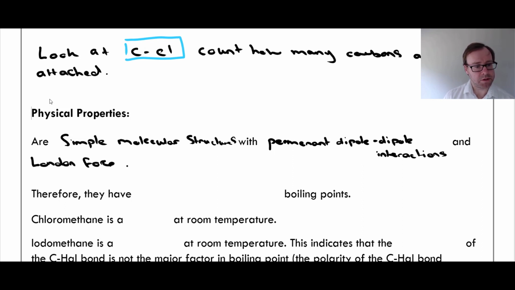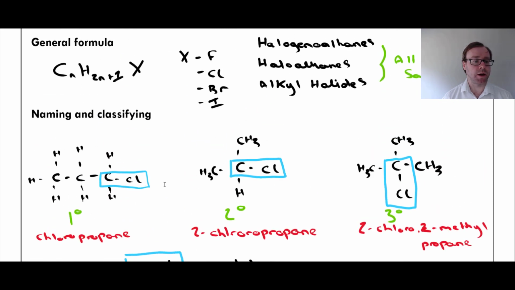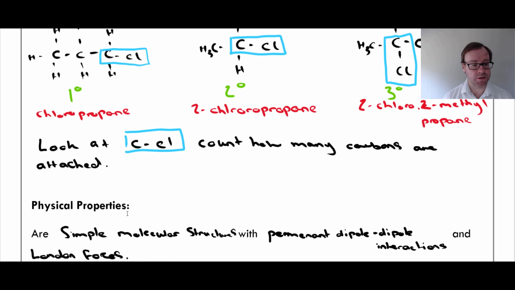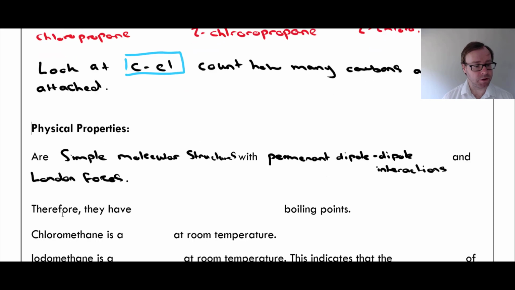Because they're simple molecular structures, we're talking about intermolecular forces when we discuss boiling point and other physical properties. They have permanent dipole-dipole interactions because there's a difference in electronegativity between my carbon and my halogen atom. The halogen atom is more electronegative, so it becomes slightly negative and the carbon becomes slightly positive, hence my permanent dipole-dipole interactions. We also have London forces, because every simple molecular molecule will have London forces.